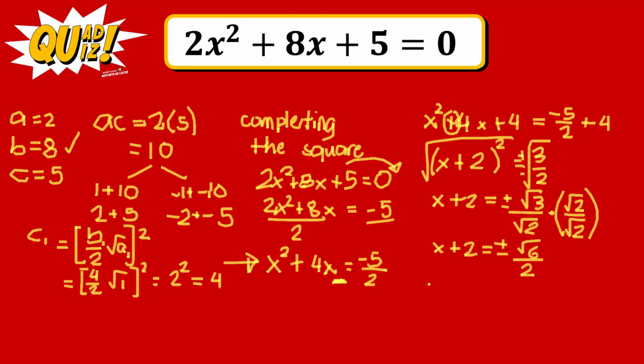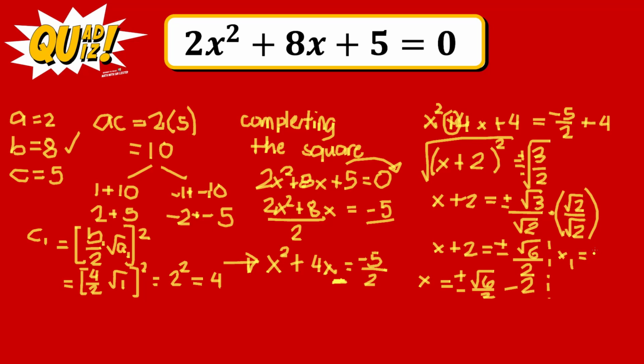So when you move 2 to the other side, you will have these roots, positive negative square root of 6 over 2, and then you will subtract both sides by 2. These are now your roots. So for your x sub 1, I'm going to separate it here.